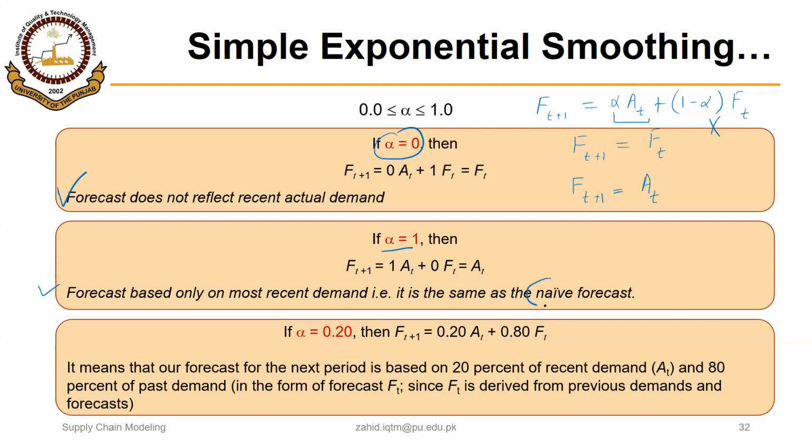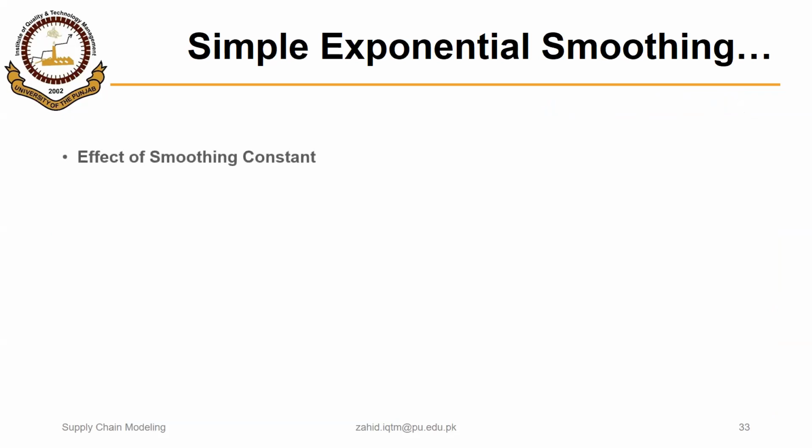So it is the same as the naive forecast. So we have to, of course, remain in between, and in one of the following slides we'll use Excel to set the optimum value of alpha.